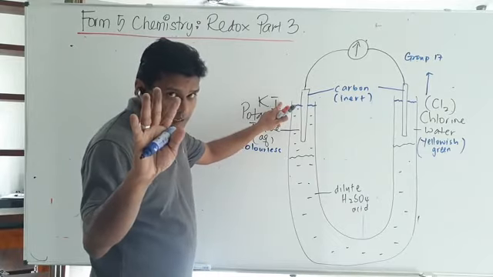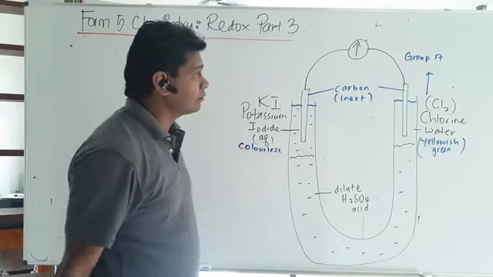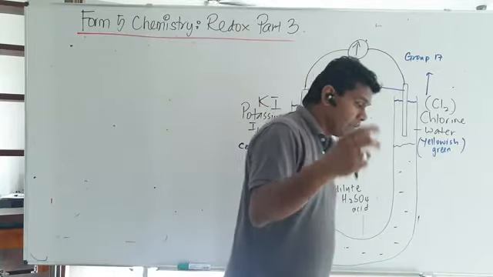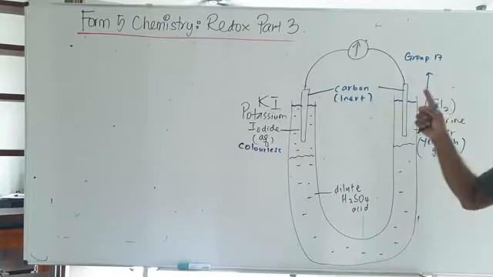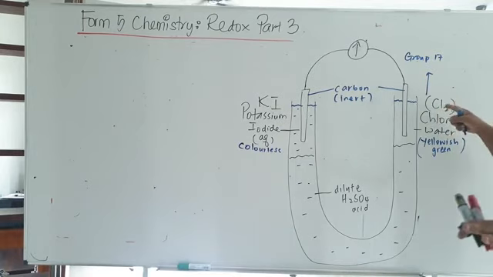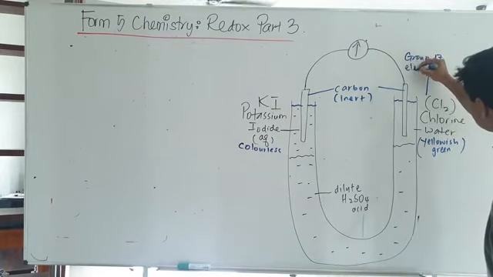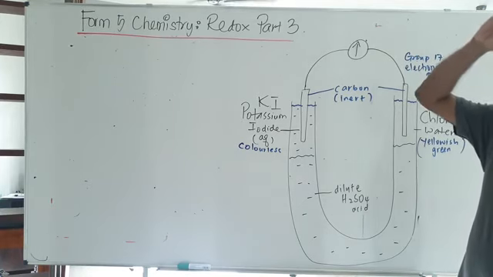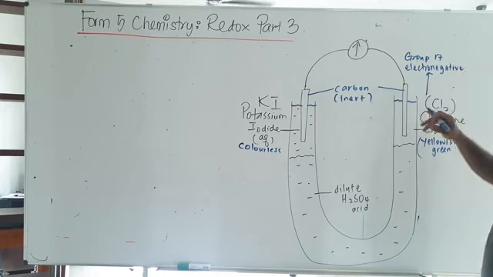It doesn't want to take any more electron because it already accepted. It's an I minus. This one, chlorine, has very high affinity towards electron. In other words, it's highly electronegative. I hope you understand. Highly electronegative means a strong attraction towards electrons.